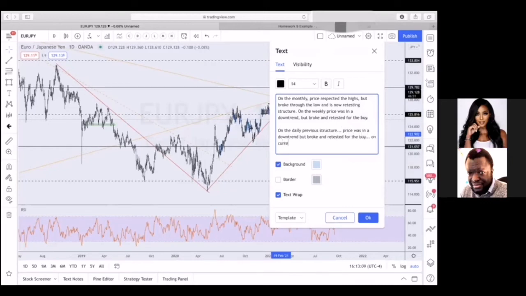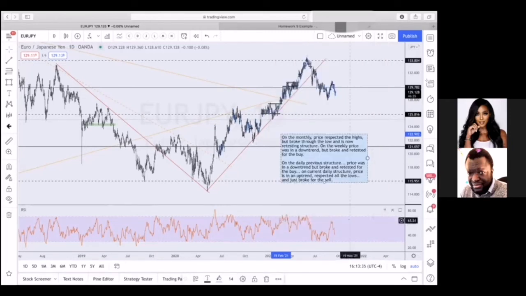On current daily structure, price is in an uptrend, respected all the lows, and just broke for the sell. So price respected all the lows, just now breaking for this sell.